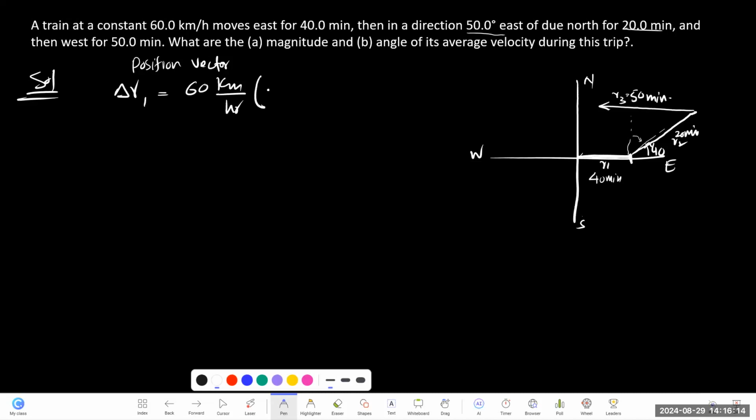I need to convert it, so I'm going to write 60 minutes per hour. And this train is running for 40 minutes. So minute and minute cancel, hour and hour cancel, and what's left over is kilometers. The answer would be 40 kilometers. Which way? You're going towards east, so I'm going to go right.